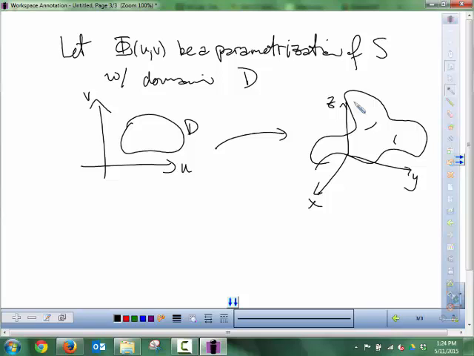So we can play the same games, where we would find a couple of vectors. If you partition this D, you would have the same sort of ideas over here.